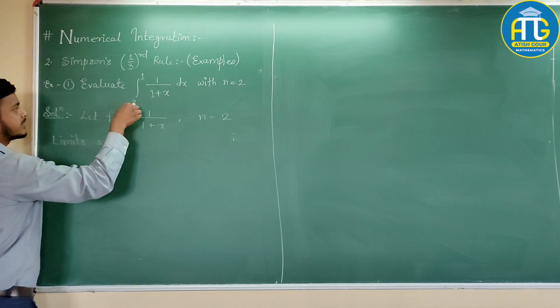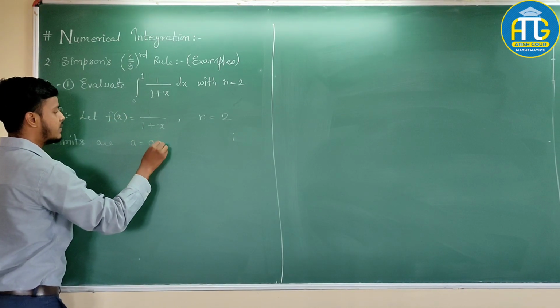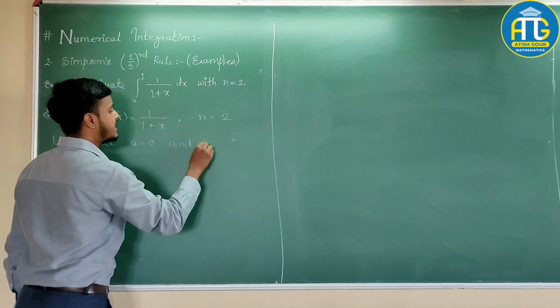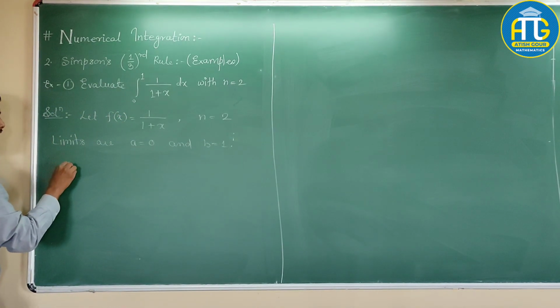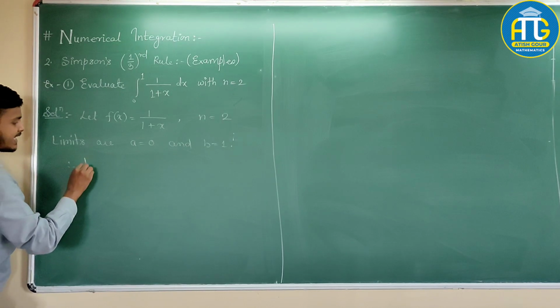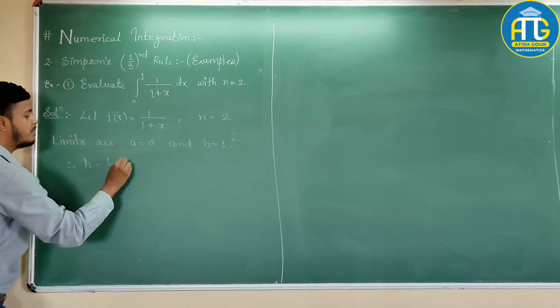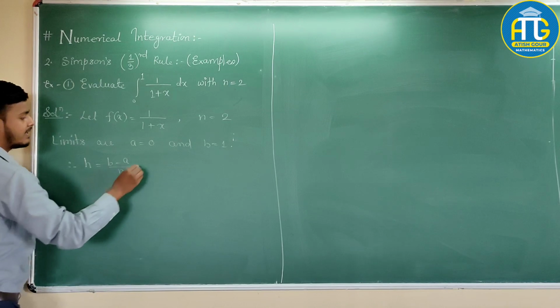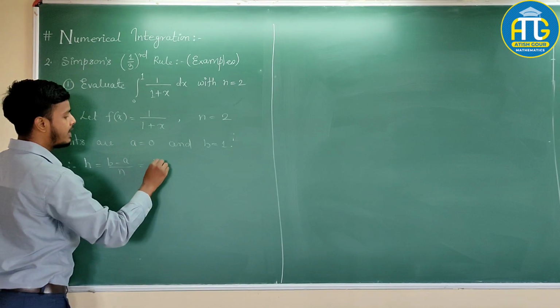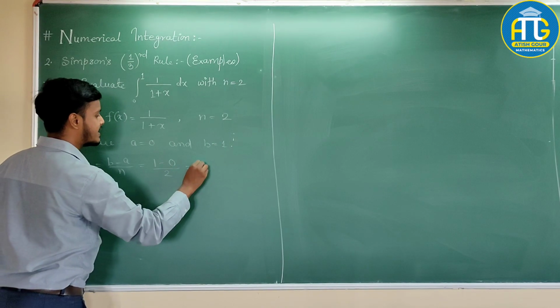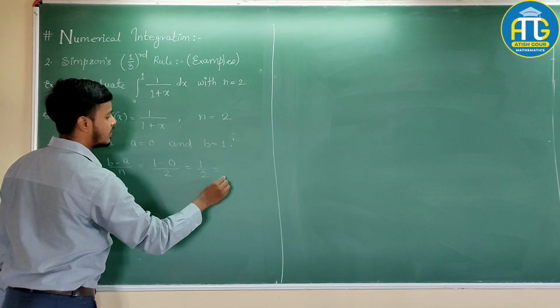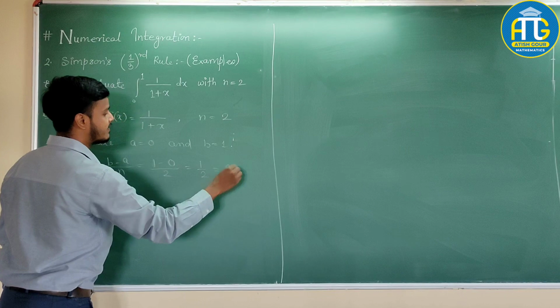Limits are a equal to 0 and b equal to 1. Let us first find the interval of differencing, h, and h is equal to b minus a by n. b is 1, a is 0, divided by n, that's 2. So this is 1 by 2, or you can write 0.5.